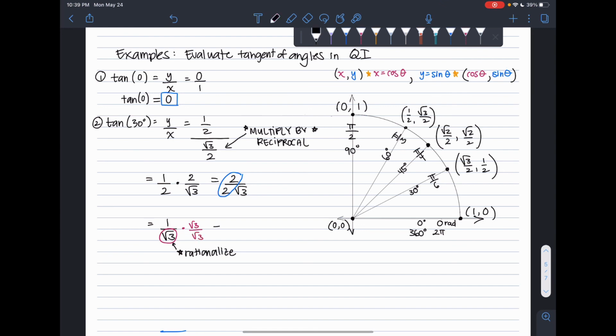When we multiply across, we get 1 times √3 in the numerator, which is just √3, and root 3 times root 3, the square root cancels, so we just get 3 in our denominator. So the final answer for tangent of 30 degrees is root 3 over 3.